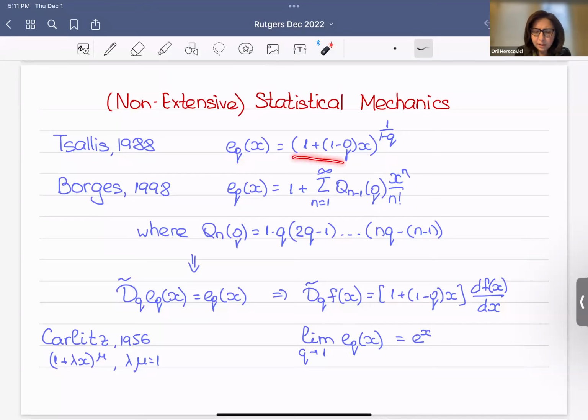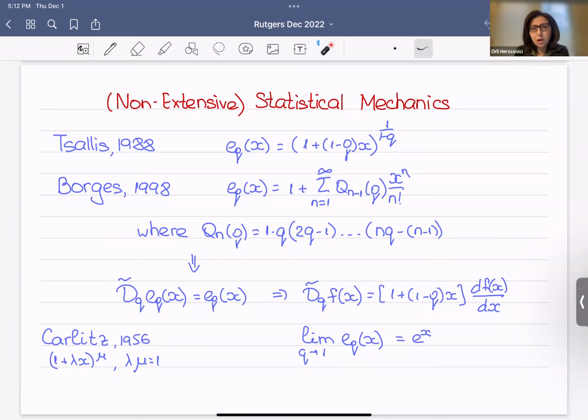And he defined it as [1 + (1 minus q)x] to power 1 over (1 minus q). Again, from this definition, we can see that parameter q should be different from 1.